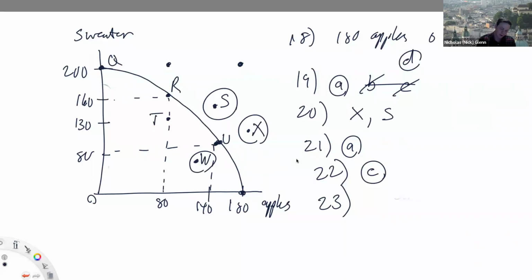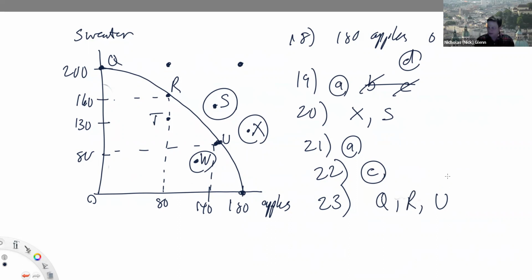So that should be Q, R, and U. Yeah, because Q's on the line. Well, that one's wrong. Like it has R and U. It should be Q, R, and U. All right. So that's not on there. I'll have to correct that.